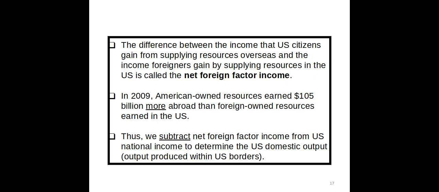Typically, we tend to see that Americans abroad earn more than foreigners living in the United States. So net foreign factor income tends to be a negative number, and we actually get further away from our income approach and expenditure approach being equal.